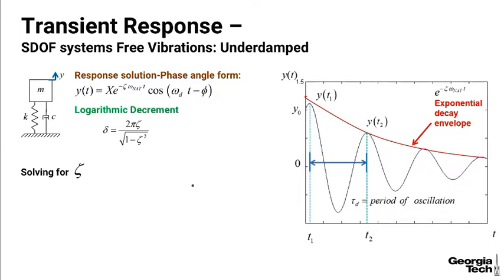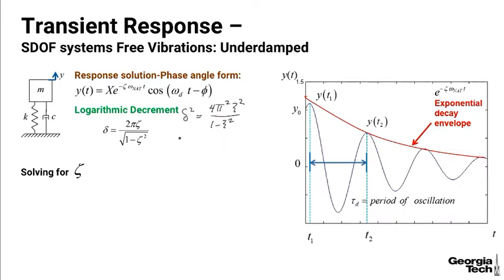So I can take that delta, which is the natural log of the successive peak amplitudes, and I can solve for zeta. Let's do that real quick. If I take and I square this logarithmic decrement, I get delta squared equals 4 pi squared zeta squared over 1 minus zeta squared.